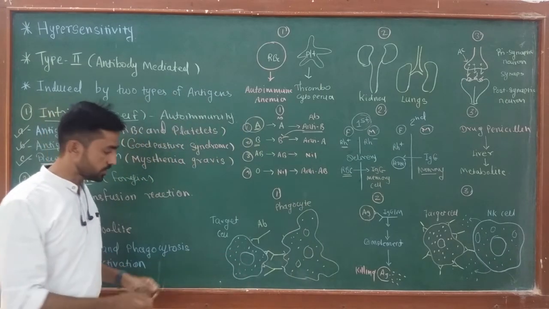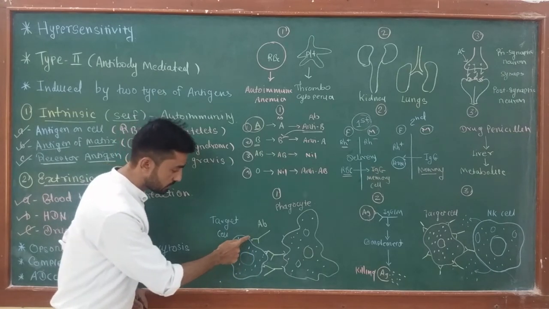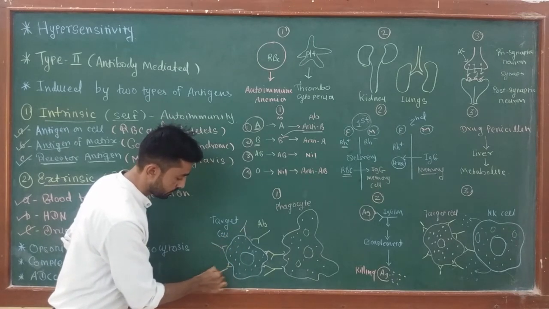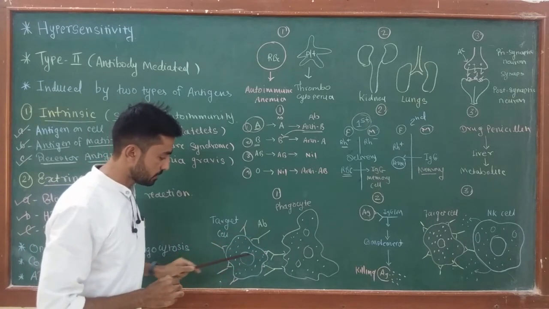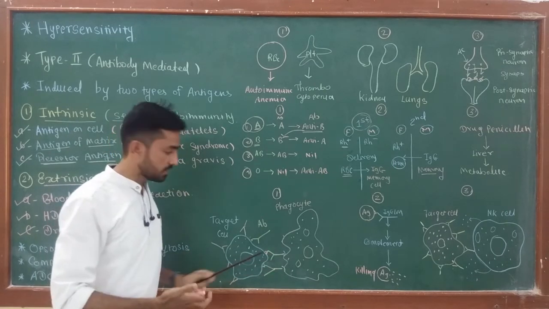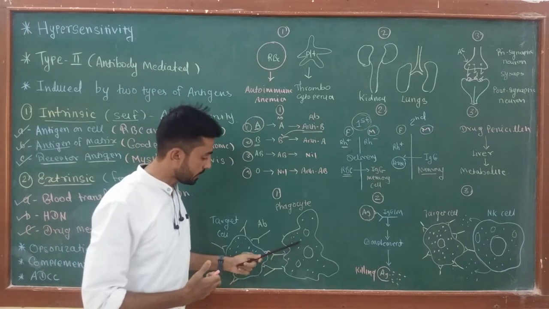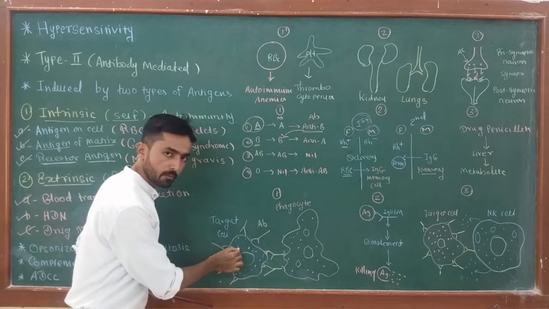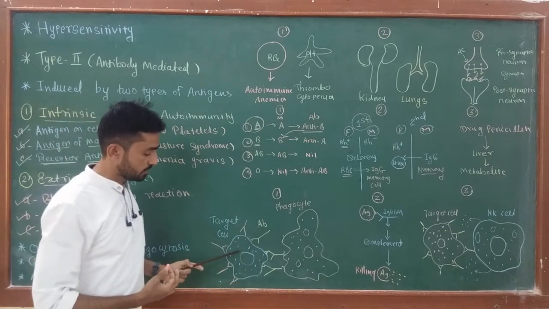It is the condition in which a target cell or infected cell is first coated with antibodies, and after binding of the antibodies to the epitopes or antigen present on the target cell, the Fc portion of the antibodies is easily recognized by phagocytic cells like macrophages or microphages. After binding to the antibody Fc portion, the phagocytic cell can easily engulf the target cell, which leads to phagocytosis and death of the cell.